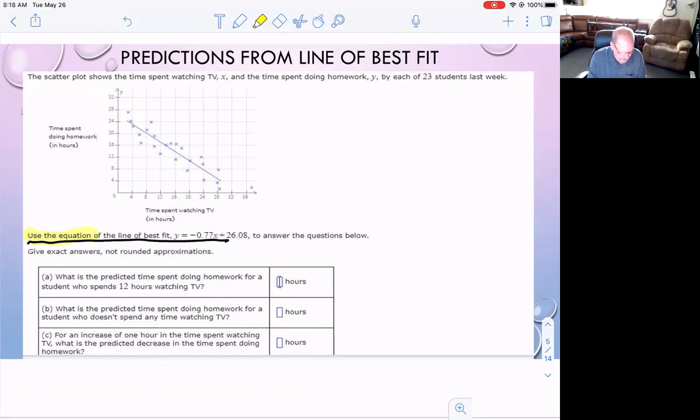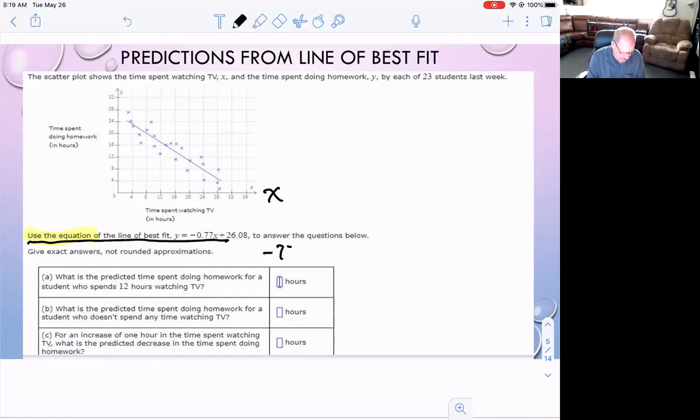There's a whole bunch of different things that we could do here. So if we use the equation, here it says who spend 12 hours watching TV. Well, the hours watching TV is on the x-axis. So we're going to put a 12 in for x.